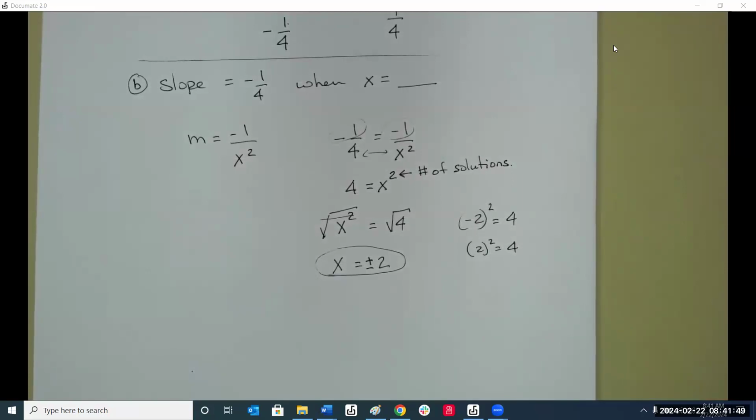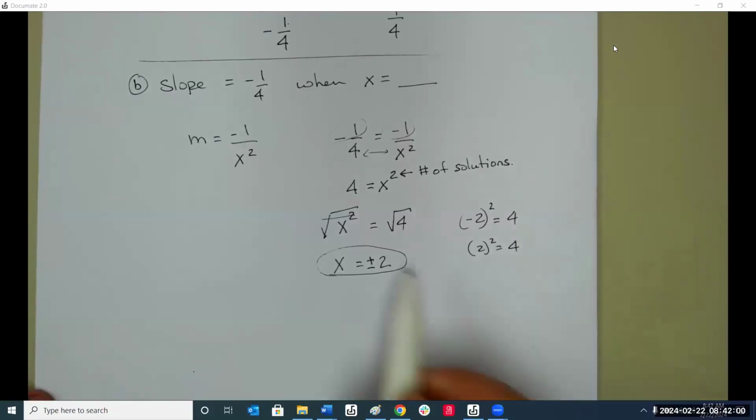So what are the locations of those 2 points? Because this is not correct. This is just the location of it, the x value. Is that where the slope is -1/4?